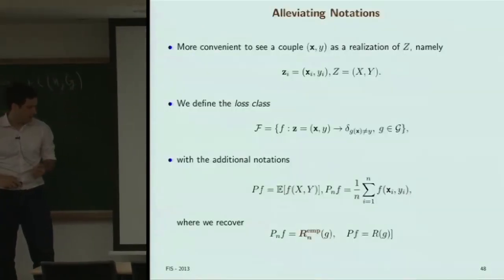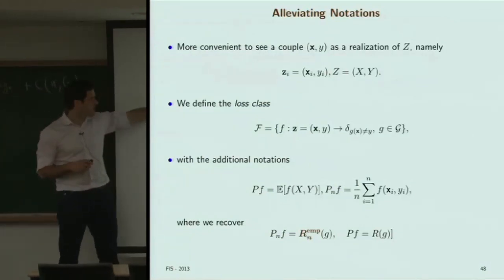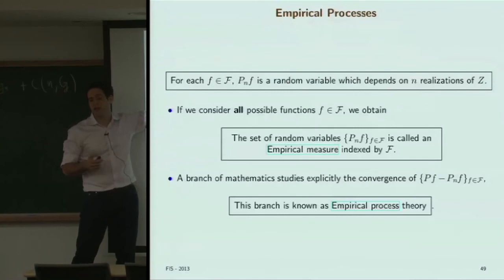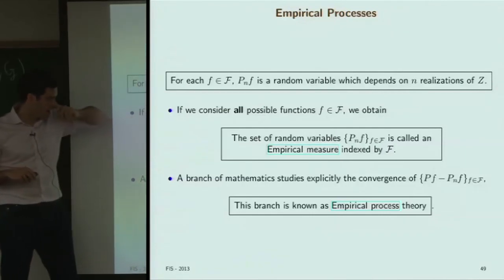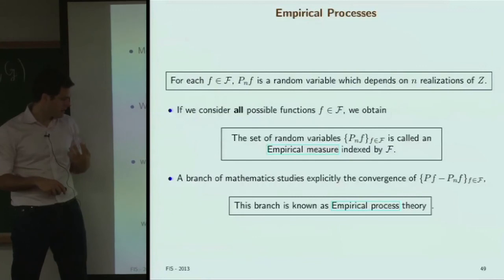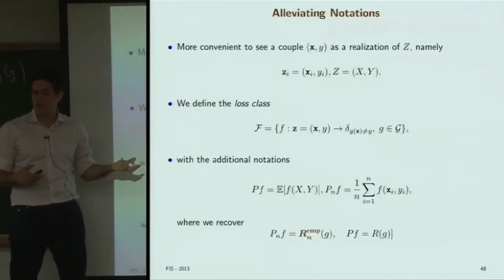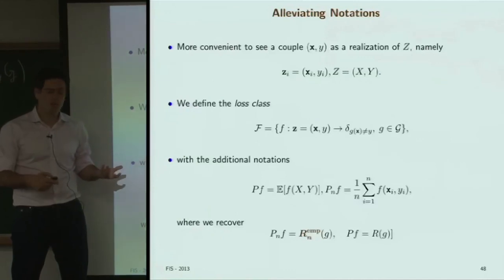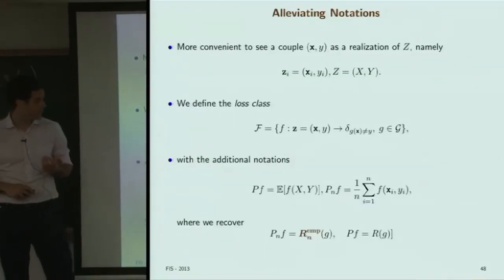Okay? So what you can see is that Pn of f is a random variable which depends on the n samples, realizations. On the other hand, what we want to compare it to is P of f. And P of f is not a random variable. It's just an expectation operator using the whole probability of x and y.